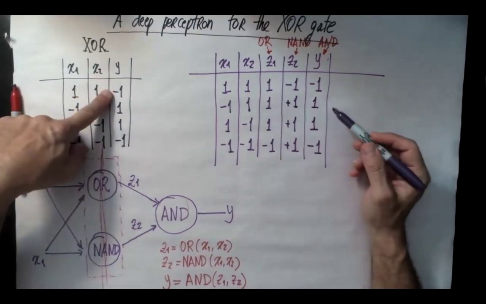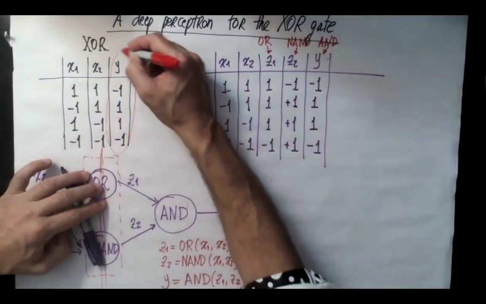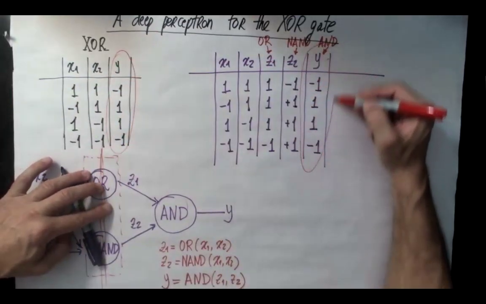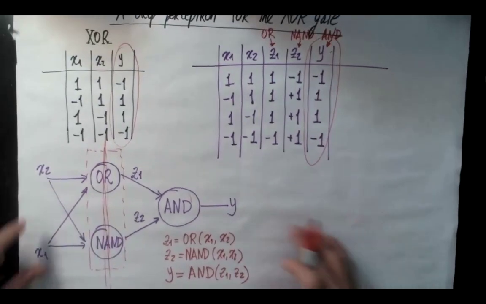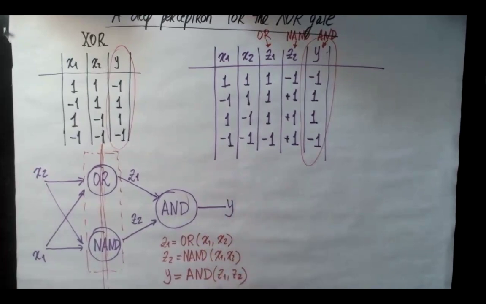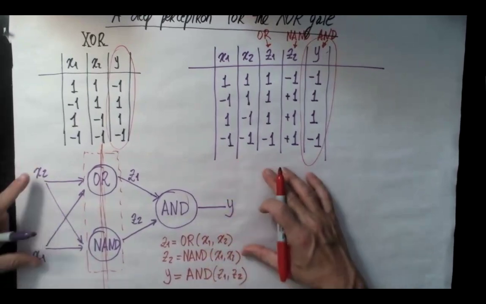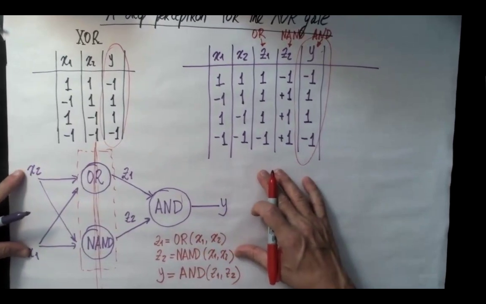So as you can see, the outputs are the same. So this system of Boolean gates models the XOR gate.